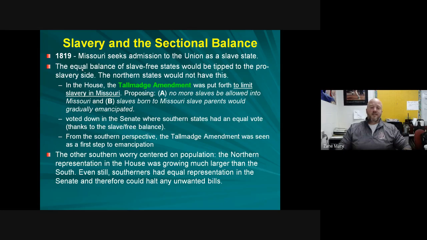With the plantation system, if they did not have free slave labor, their economies, as poor as Southern states tended to be already, would have all been a shambles if it hadn't been for slave labor. So that's why you're never going to have Southern representatives or senators voting in favor of any limitation or any proposal to abolish slavery.